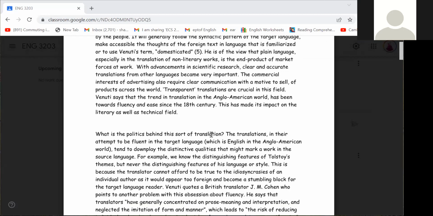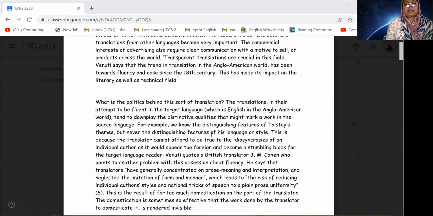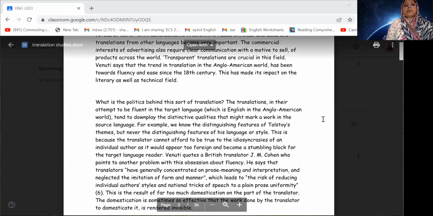তারপর চলে যাচ্ছি the distinguishing features of Tolstoy's themes.